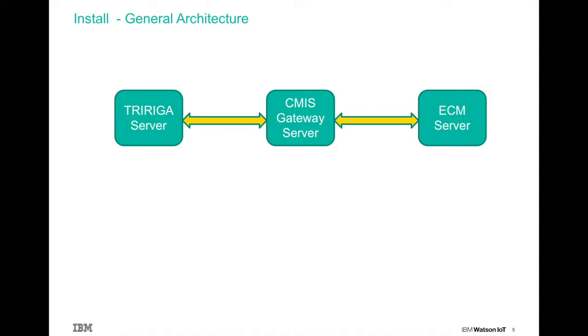We are unable to support or work with clients that do not already have some sort of CMIS gateway installed in their enterprise. Any support prior to a TRIRIGA customer having a CMIS gateway already up and running in their enterprise would probably fall outside the scope of the support that TRIRIGA teams can offer.